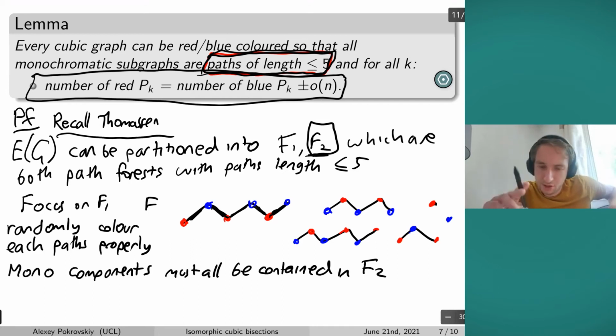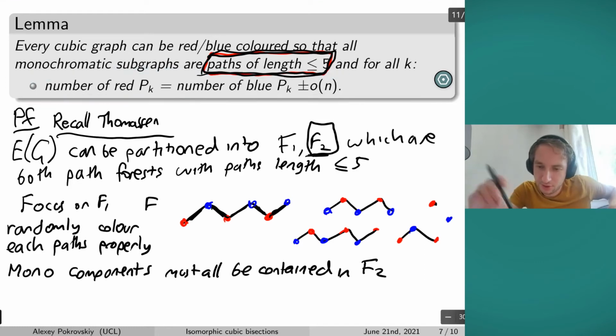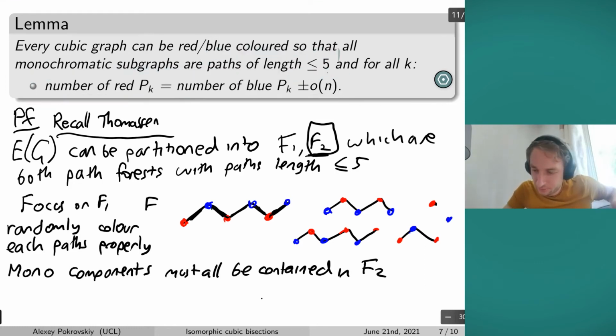So where this first inequality comes from. Let's draw a graph, say the Petersen graph. So Thomason gives us a partition of the edges of this graph into two path forests. Let's hope I can do this.